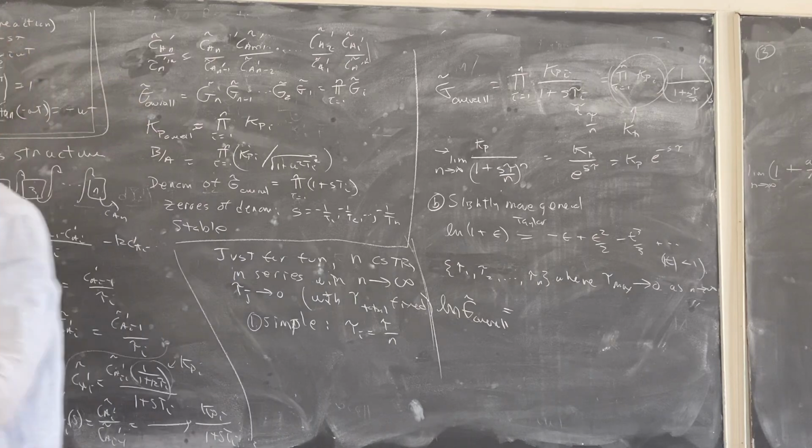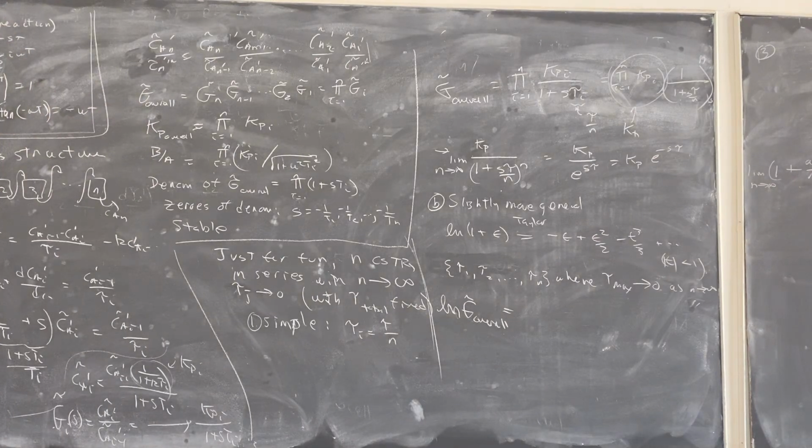What's the log of the product? Somebody on this side of the room? What's the log of a product? This is a math question. What's the log of x1 times x2? I can't hear you. It's the sum of the logs.